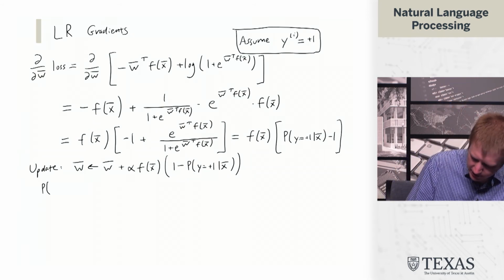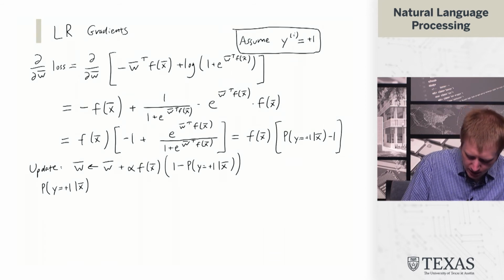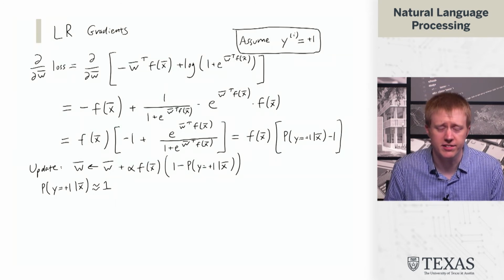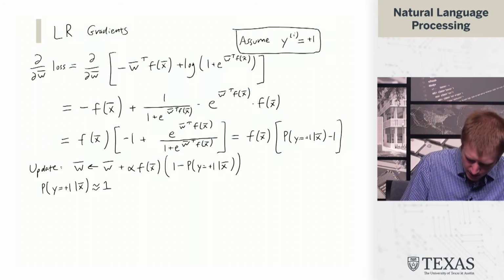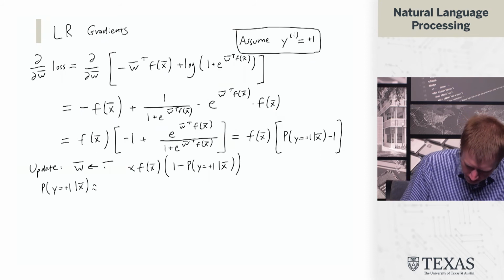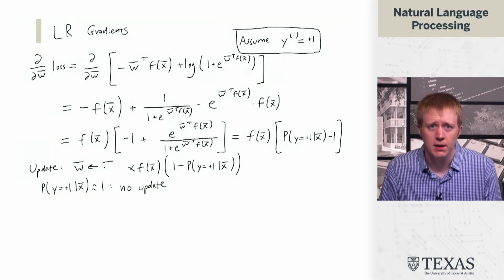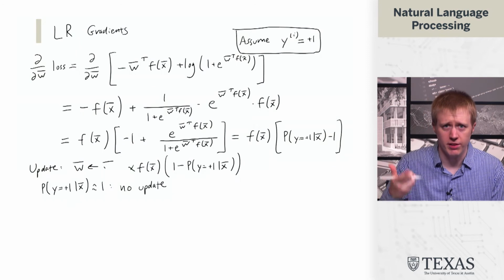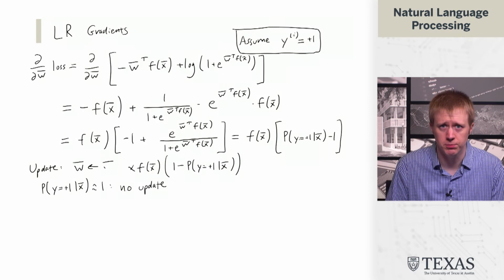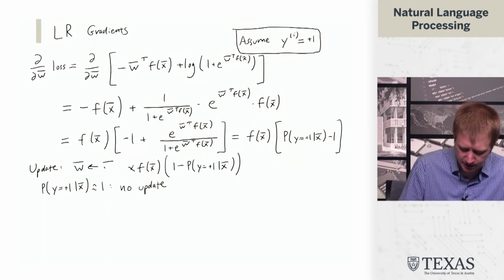So then, just to intuitively think about what happens, let's think about when this term is very close to 1. The model is essentially making the right prediction. We're not going to make much of an update because this second term, this 1 minus p of y equals plus 1 term, is going to be very close to 0 and cancel out.